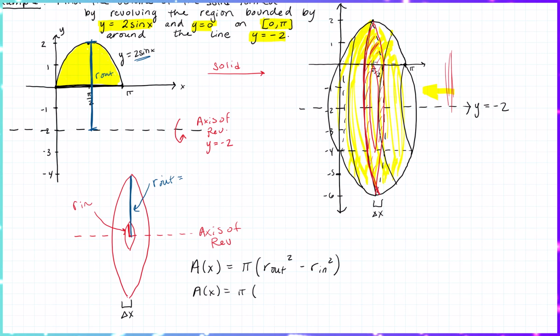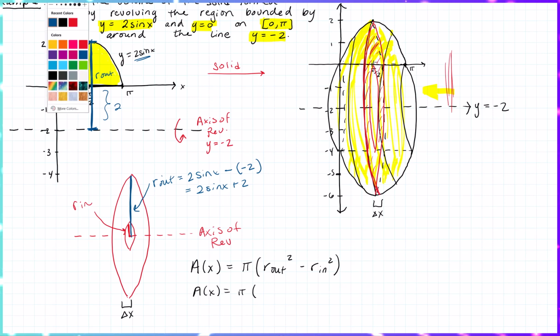So the outer radius is going to be 2 sine of x, the top of that line right there, minus the bottom, right? So that's a negative 2. So we've got 2 sine of x minus a negative 2, so the outer radius is 2 sine of x plus 2. This length, by the way, is always a constant 2, and that's why you're seeing that plus 2 coming into the radius right there. So that is the outer radius.